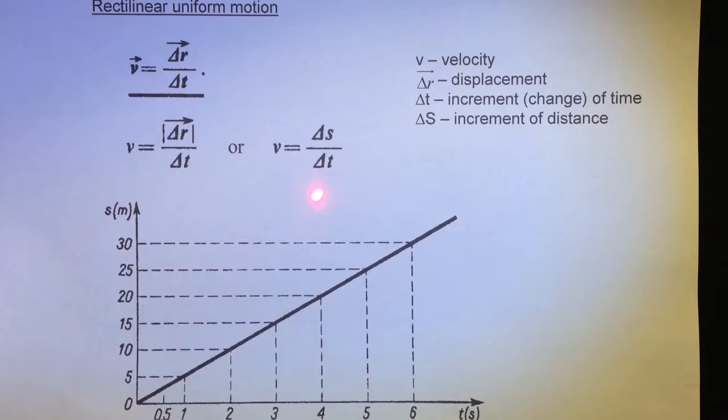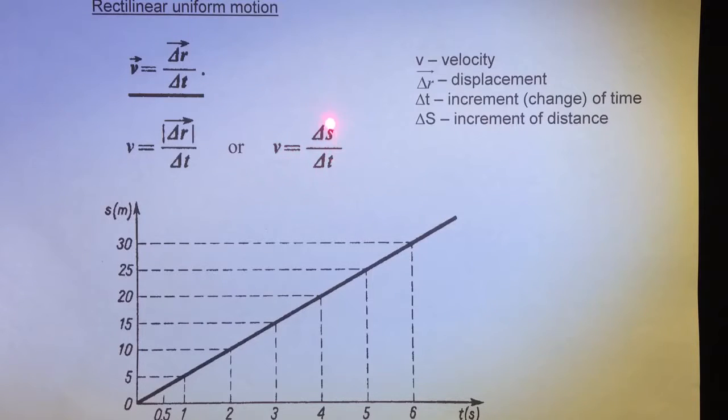The interrelation is over here. In order to calculate velocity, we need to take the distance and divide by the time. At any time, we can convert this formula. For example, we can calculate delta s, which will be done in a moment.